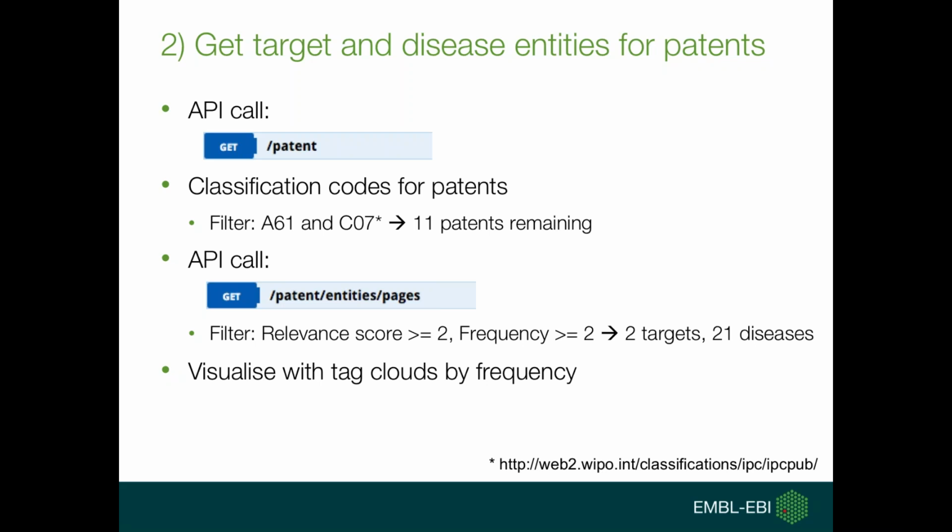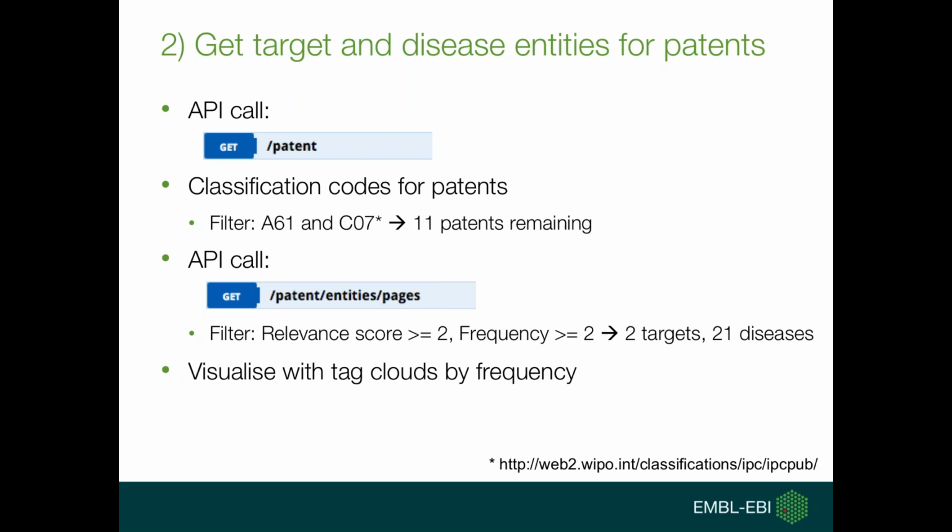For these 11, I can again fetch all the entities and use a relevance score and frequency to filter out the noise and keep only the important entities. In the end, I will end up with 2 targets that come from these 11 patents and 21 diseases.